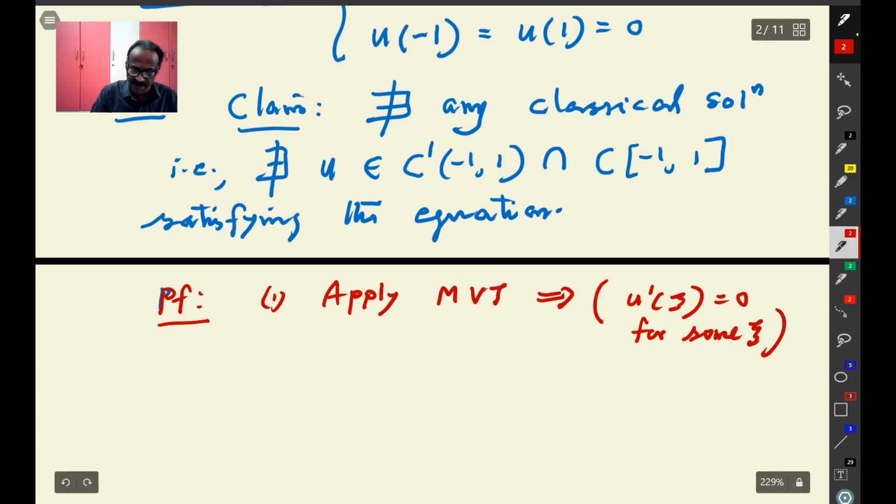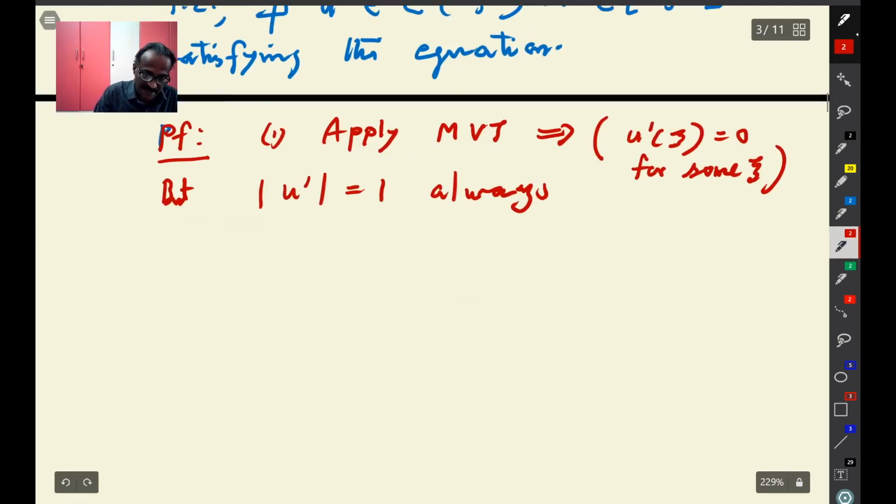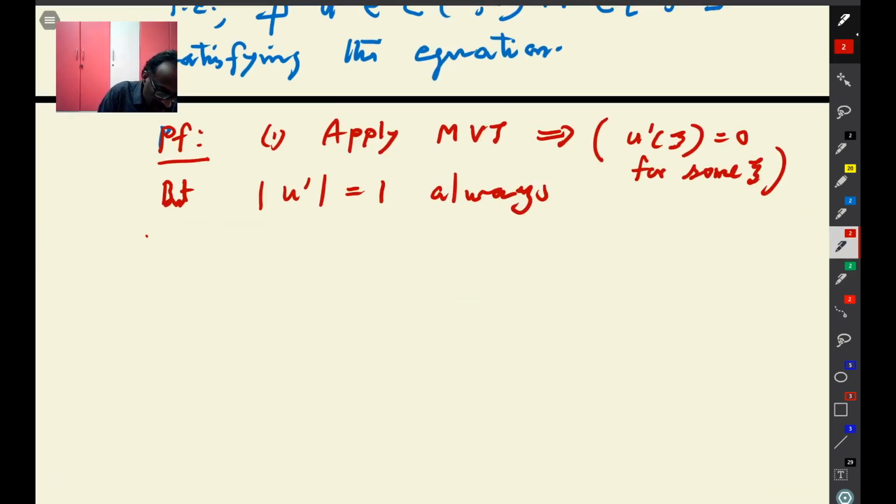But we have u prime equal to 1 in absolute value always.